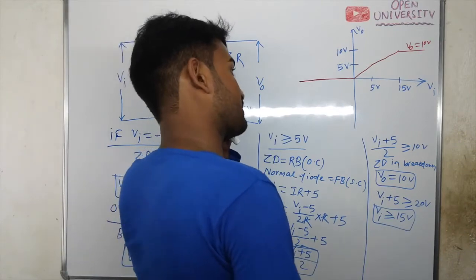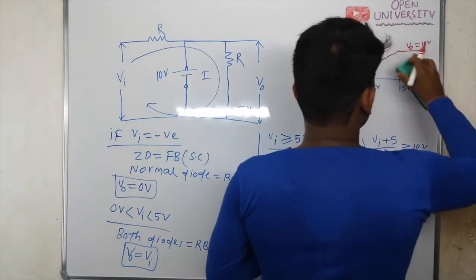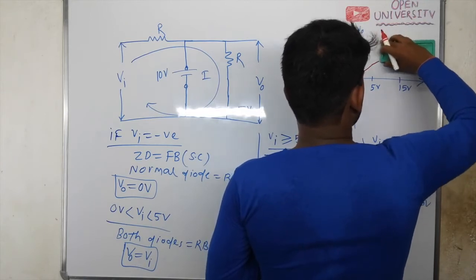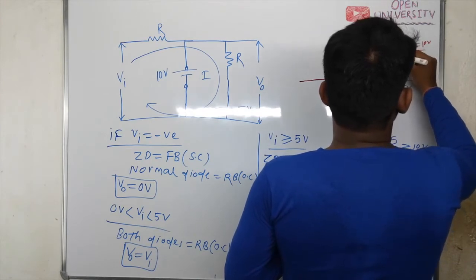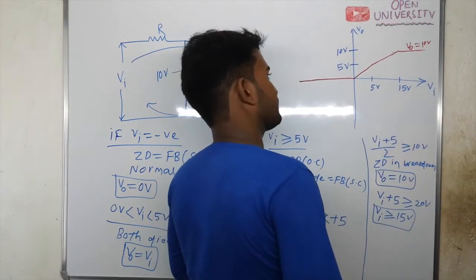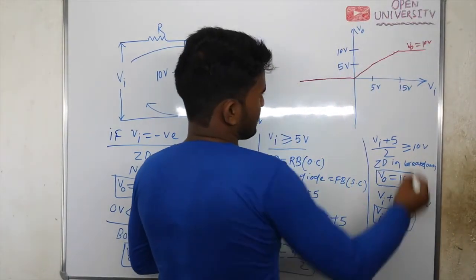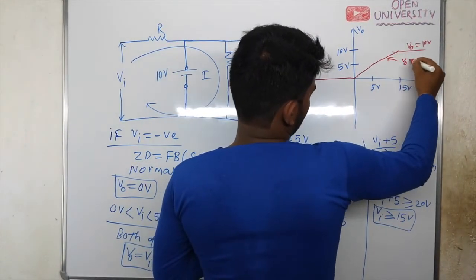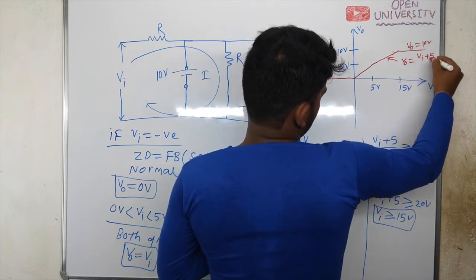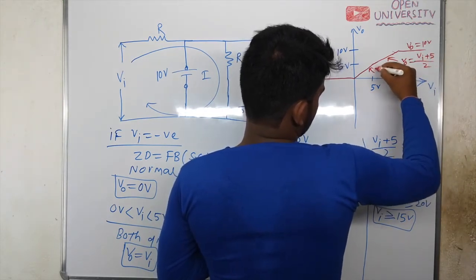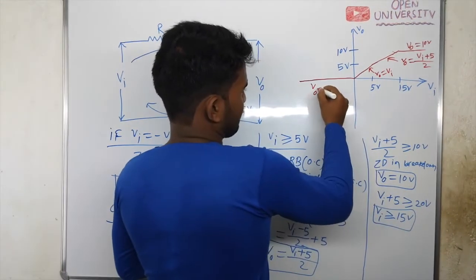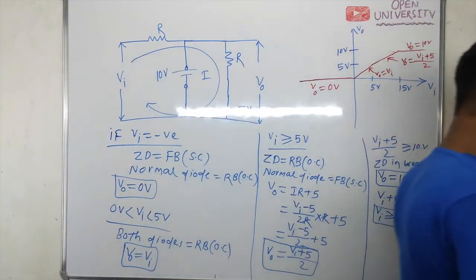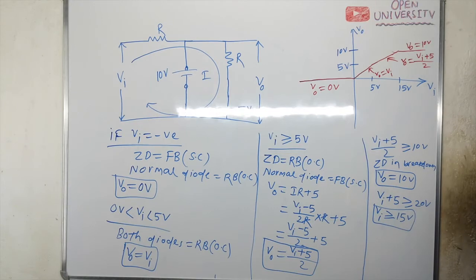This is the transfer characteristics. This is V naught equal to Vi plus 5 divided by 2, this is V naught equal to Vi, and this is V naught equal to 0 volt. This is the transfer characteristics of the question.